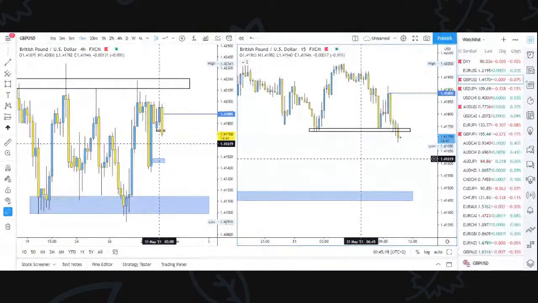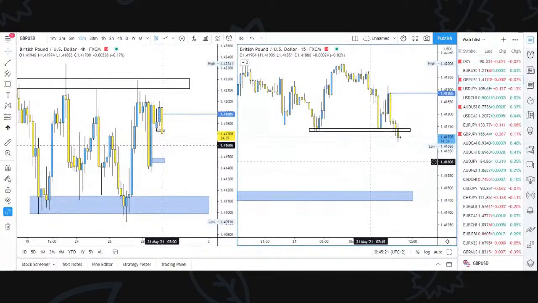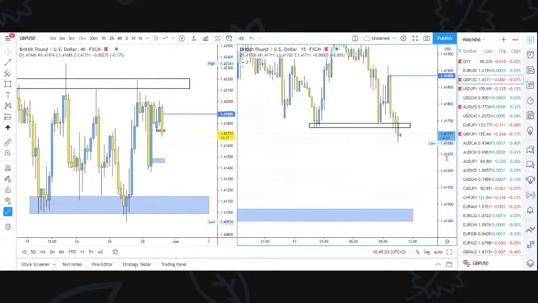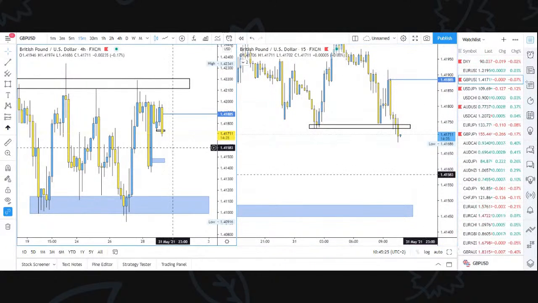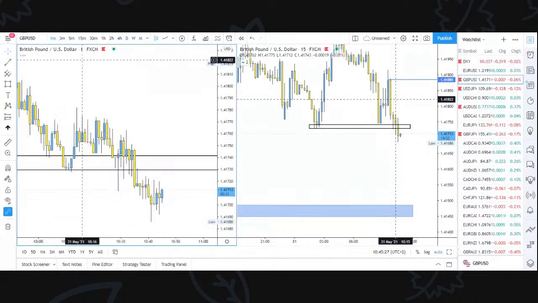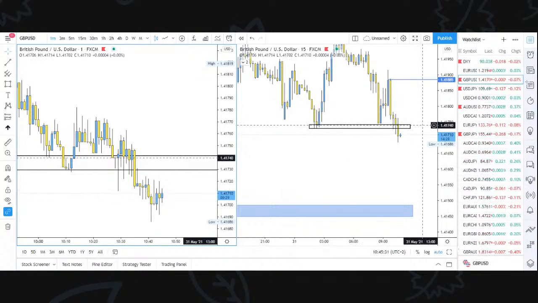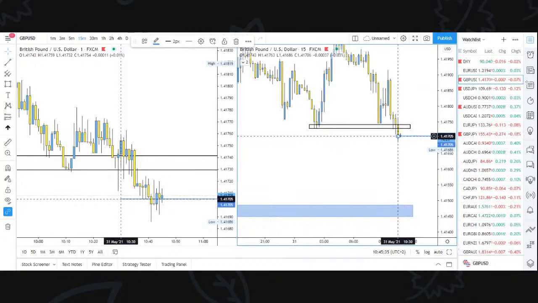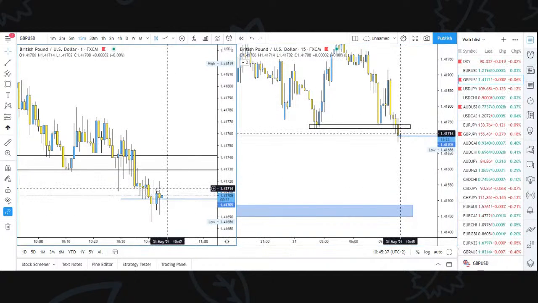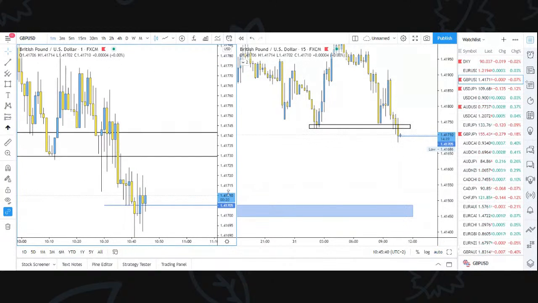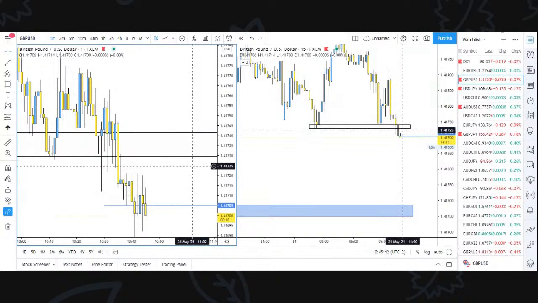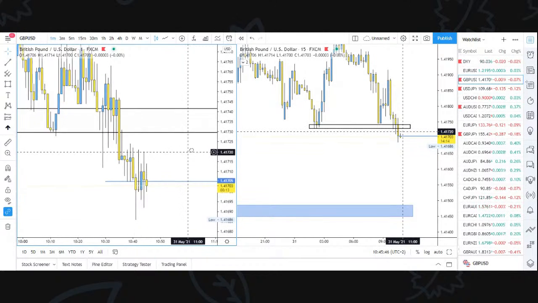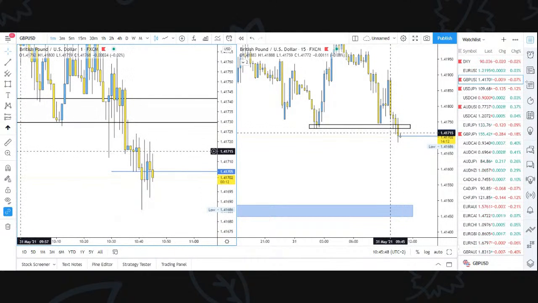Now, if you take GBP USD on its own merit, what you will then do is just drop that there. So that's where price will then turn bearish, right? That's where price will turn bearish. And as you can see, price is starting to turn bearish.